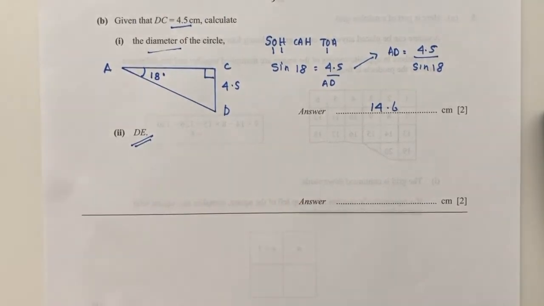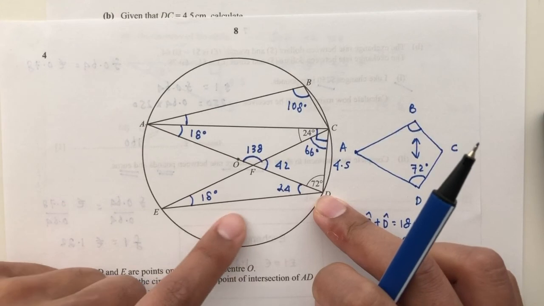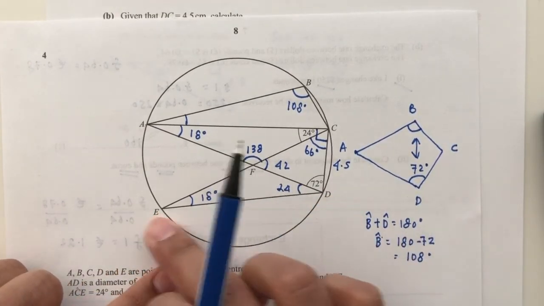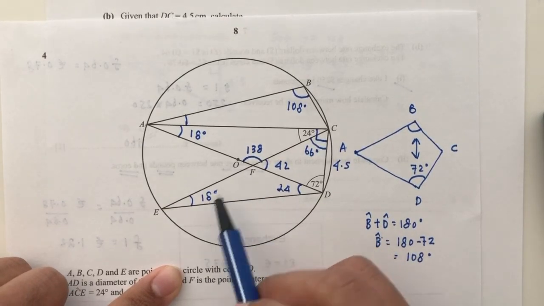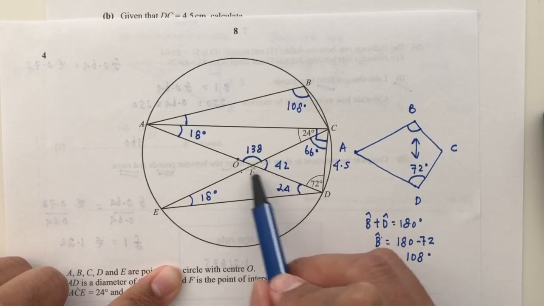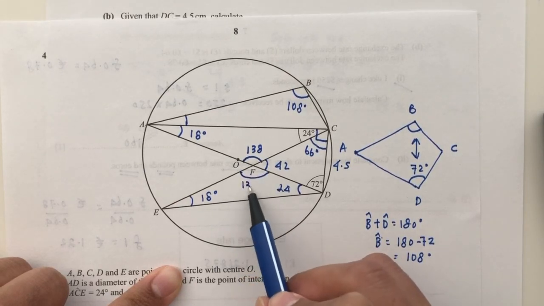Now find DE. Where's DE? D is here, E will be here. So find this length. Let's see, what do we know? We know that this angle here will be what? This is your center. Okay, so this is also 138.